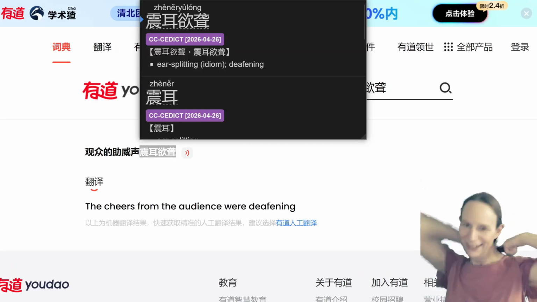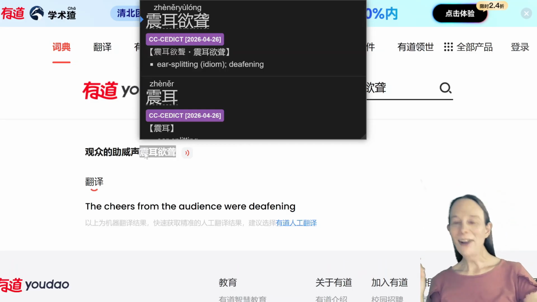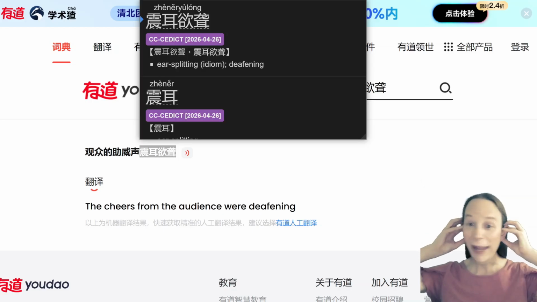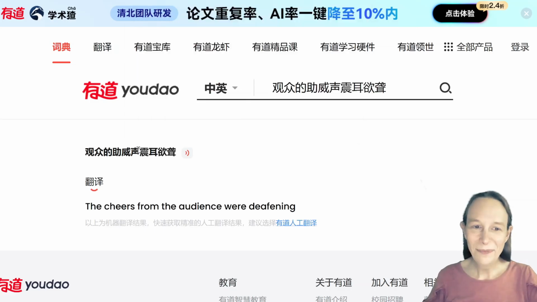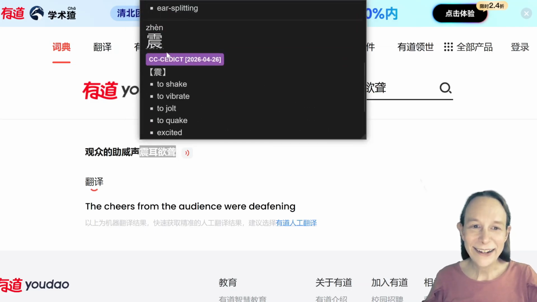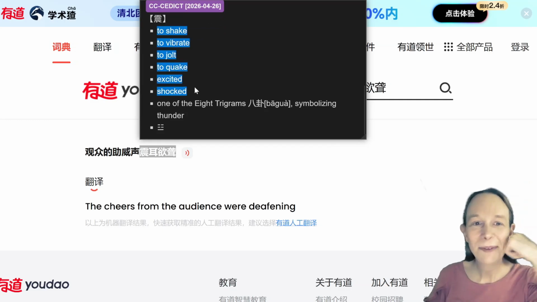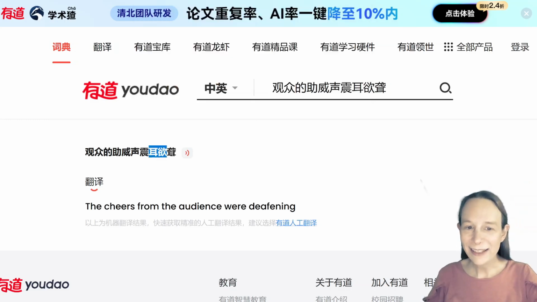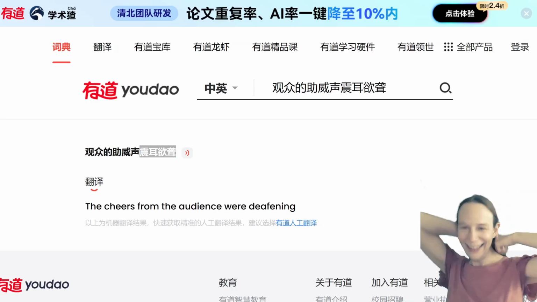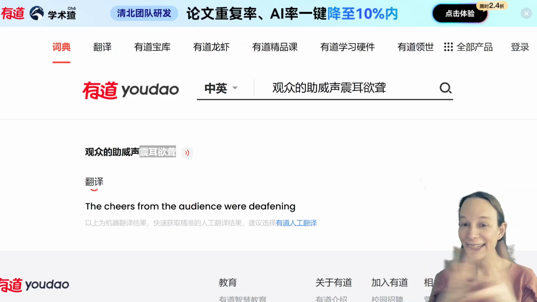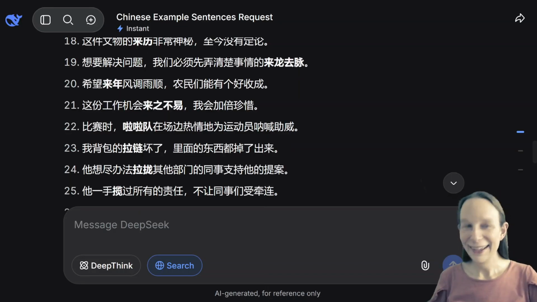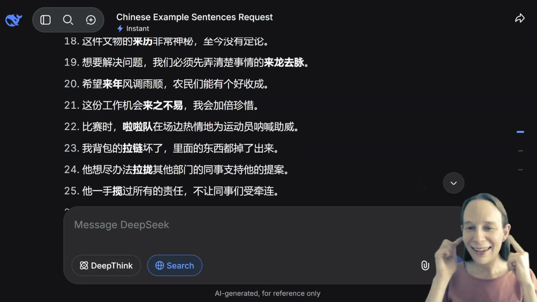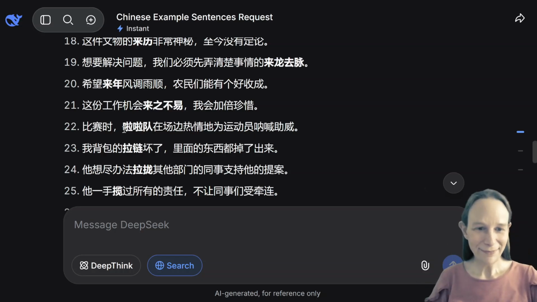We talked about this. It's so loud, you have an earthquake of your ears, and you wish to be deaf because it's so loud. I don't know. 震 is related to earthquakes, but what is it? Maybe quake. I really like the imaginativeness and creativity of some of these Chinese idioms. That's one of my favorites too. 震耳欲聋. All right, 啦啦队.